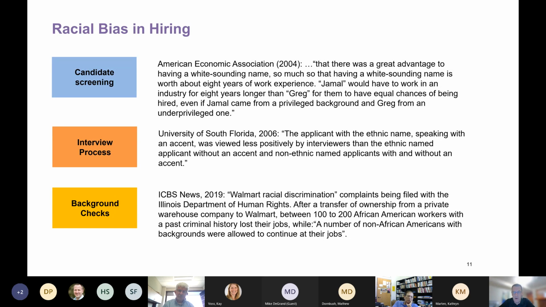Background checks are another source of potential discrimination. When a company was acquired by Walmart, they went through all the workers in the warehouse and conducted a criminal history check, and between 100 to 200 African-American workers lost their jobs based on that criminal history check, whereas several of the white workers who also had a criminal history were allowed to keep their jobs, right?